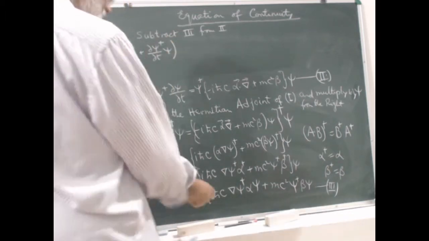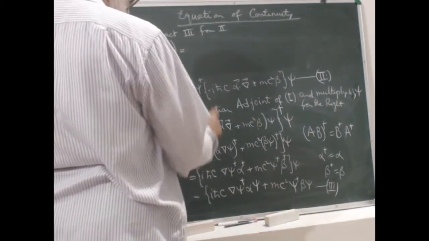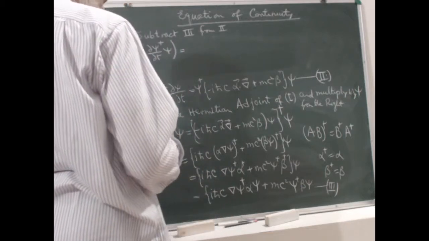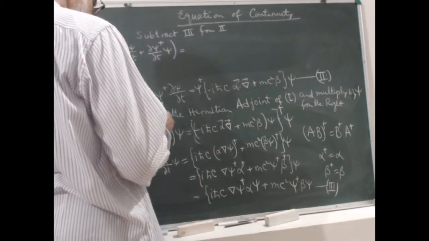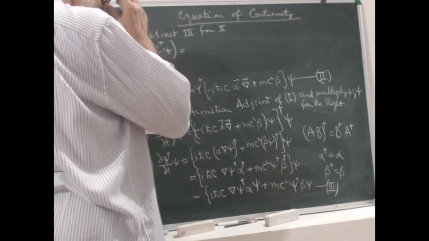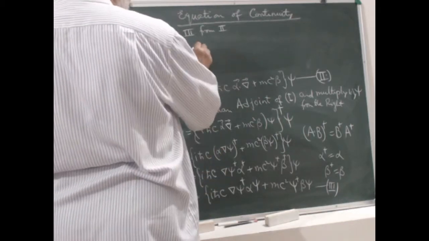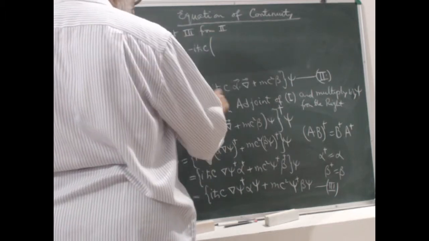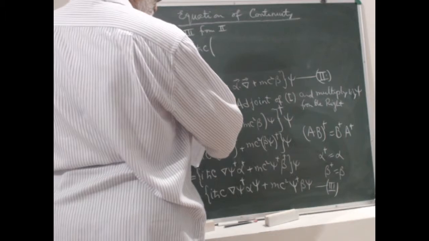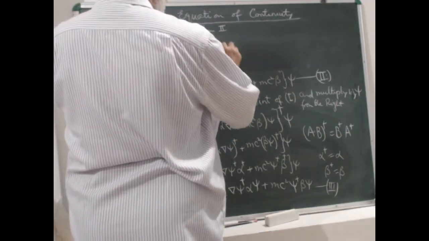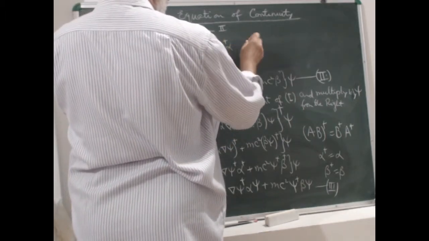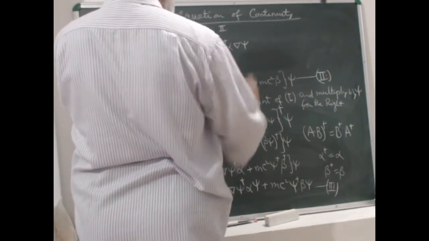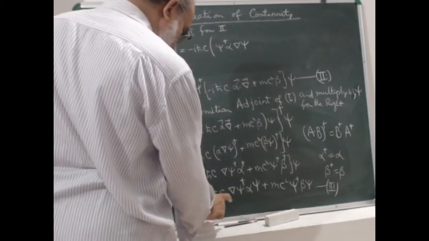Now on the right hand side, we have this subtraction of this by this. So you can take minus iħ c as common. Minus iħ c is here, and this will be ψ† α, minus of this.